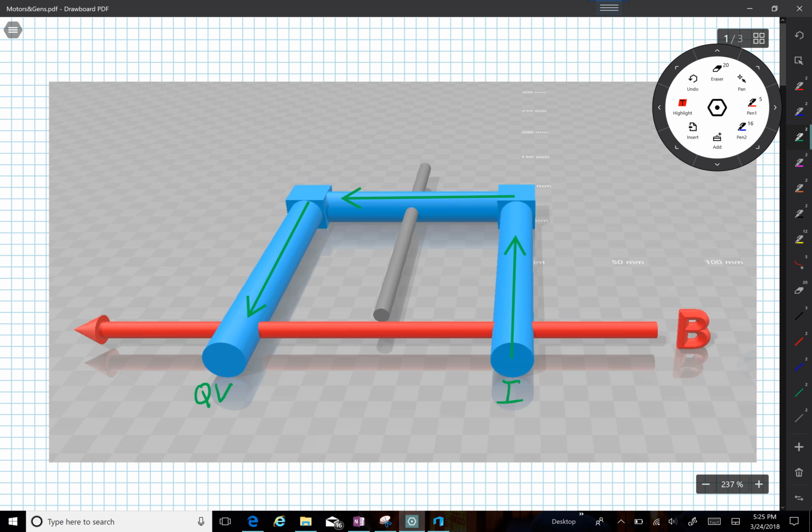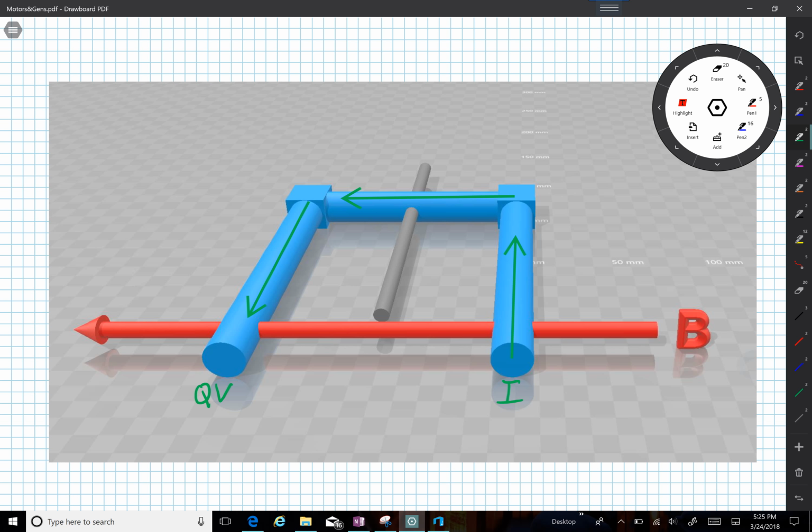So on the right-hand portion of the wire loop, the current is flowing into the page. And on the left-hand side of the loop, the current is flowing out of the page. And since the current has different directions, I'm going to have to do two right-hand rules. One right-hand rule for the right side, one right-hand rule for the left side.